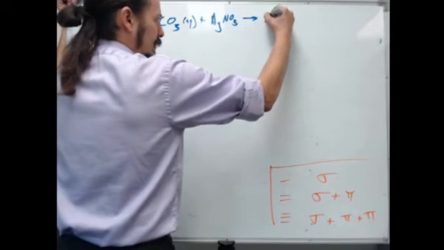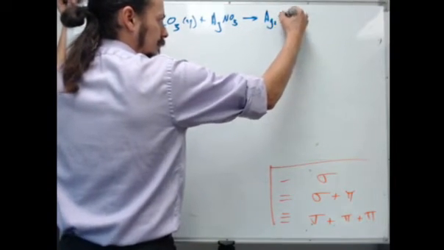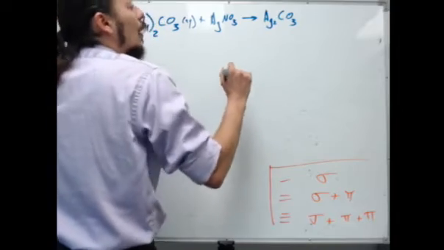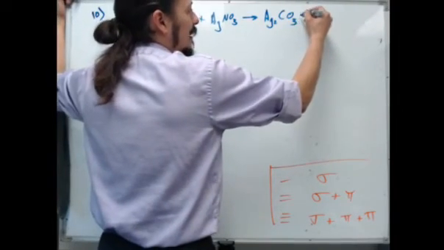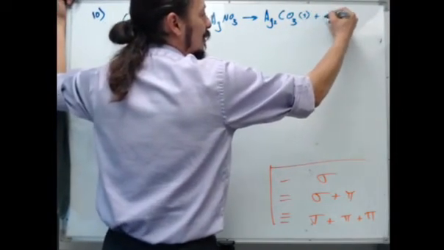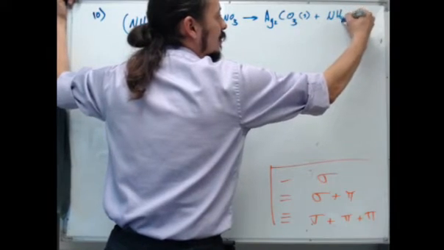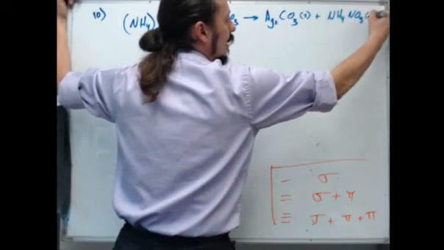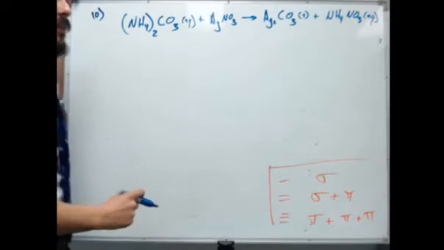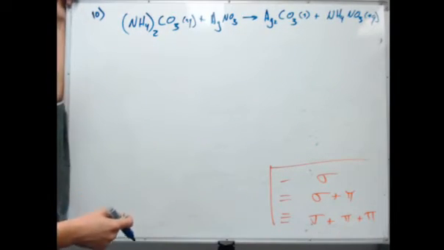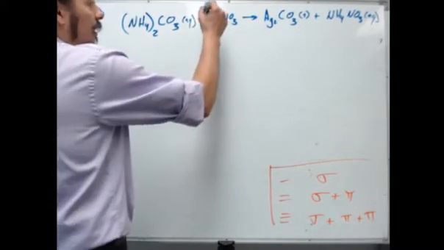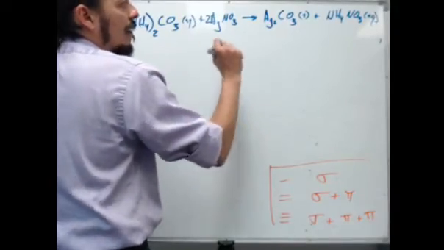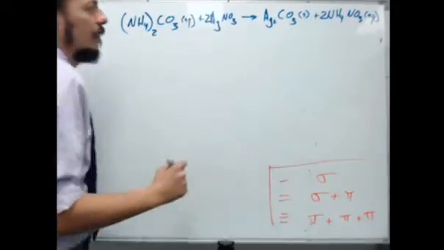And that's going to go to ammonium nitrate. Oh, I was thinking silver carbonate, sorry, I was doing the other one first. And then NH4, NO3. So I did it in a little bit of different order, but this is what you're going to get. Balancing coefficients, I'm going to need a 2 there and a 2 there.